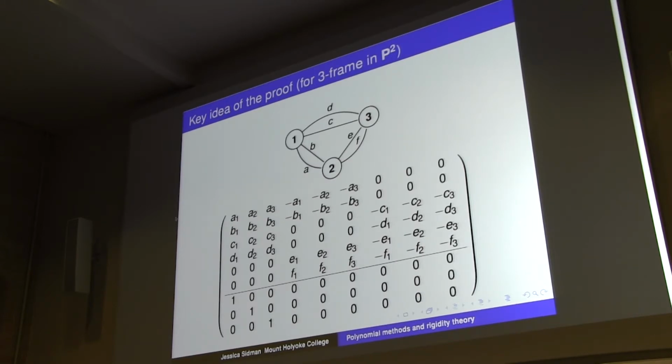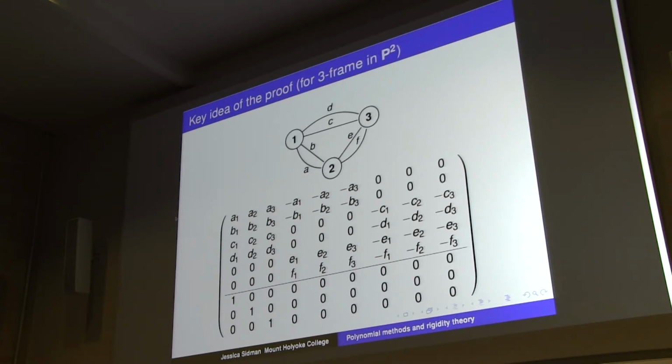I have 2 bars between vertices 1 and 2, so I have 2 rows with that pattern. And then I move on to the bars between 1 and 3. I have 2 of those. I have the bars between 2 and 3, 2 of those. And then I'm tying down body 1 with that 3 by 3 identity matrix.